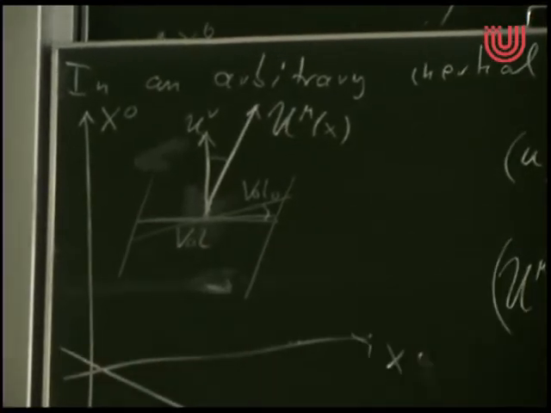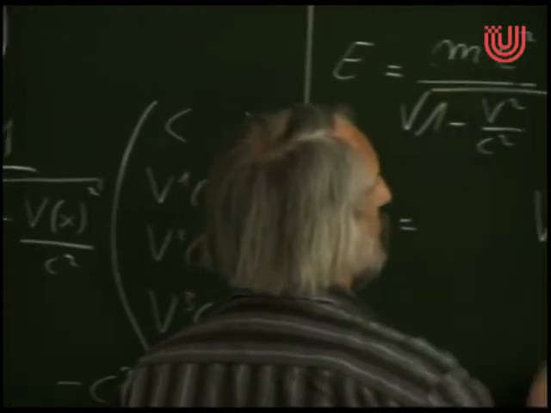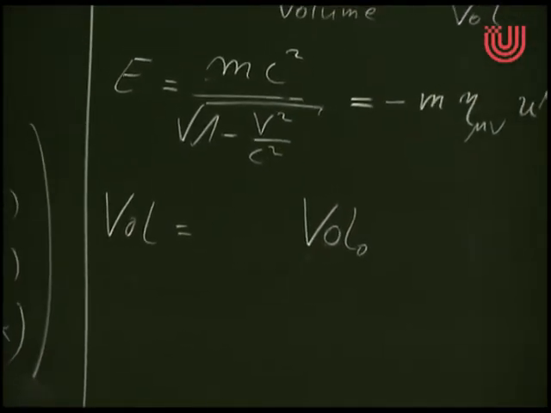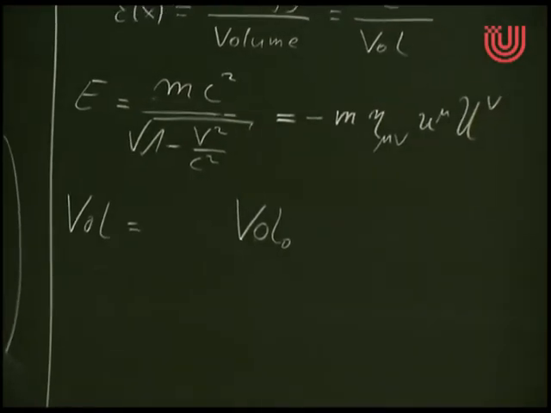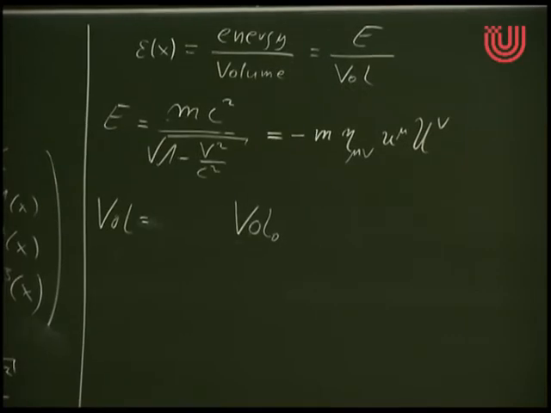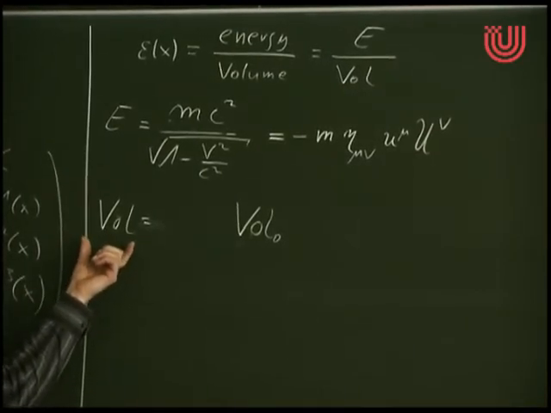And we remember how the two things are related. This is just length contraction. This is something times the volume element in the rest system, and the something was just the square root. Wait a minute, is this in the numerator or in the denominator? It's length contraction. This thing should become smaller.